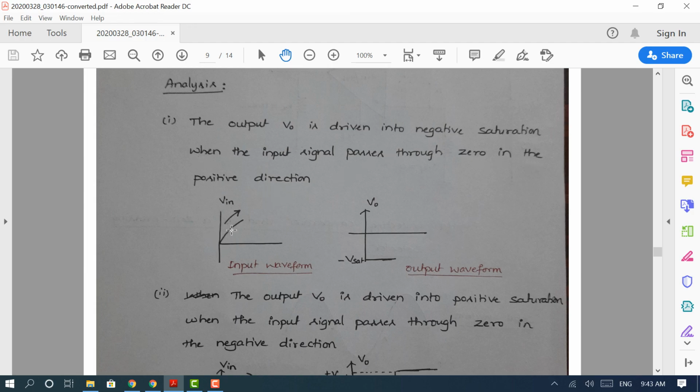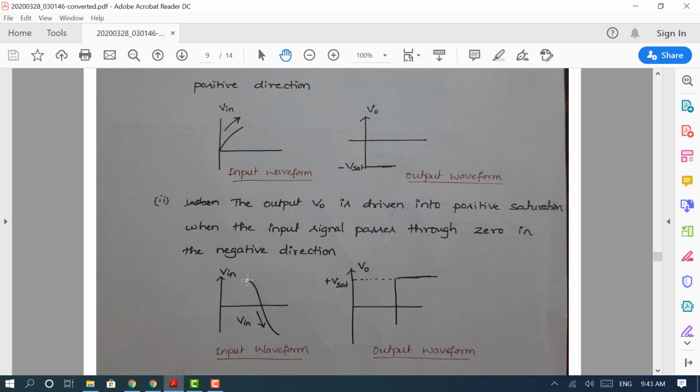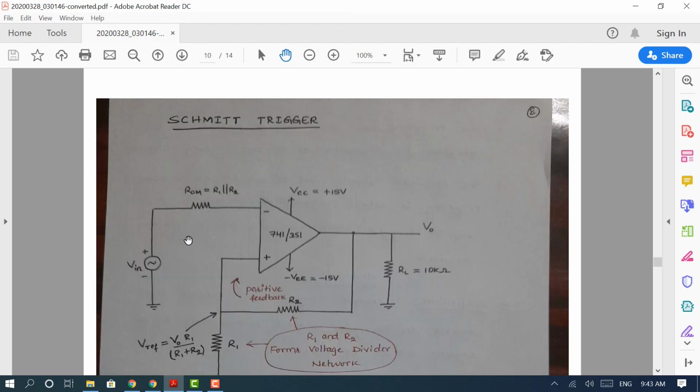When the input is going in the positive direction, output will stay at minus Vsat, and when the input changes from positive peak to negative peak, the output switches from minus Vsat to plus Vsat. That is the simple analysis of the zero crossing detector.